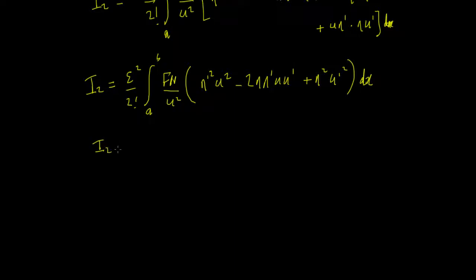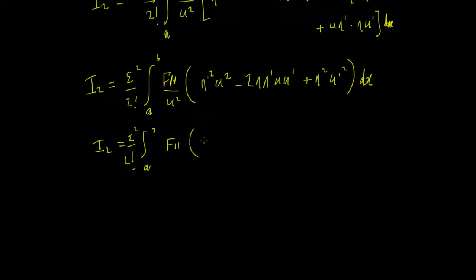That's as I2 equals integral from a to b of epsilon squared upon 2 factorial of f11.